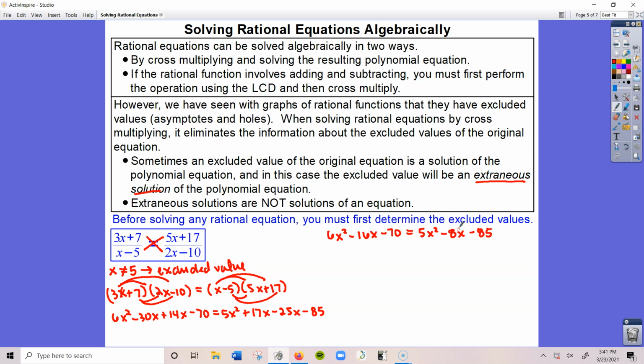Now what we have here is basically a quadratic. So we want to make this equal to 0, so that way we can factor and solve for x. So I'm going to subtract this 5x squared, I'm going to add this 8x, and I'm going to add this 85.